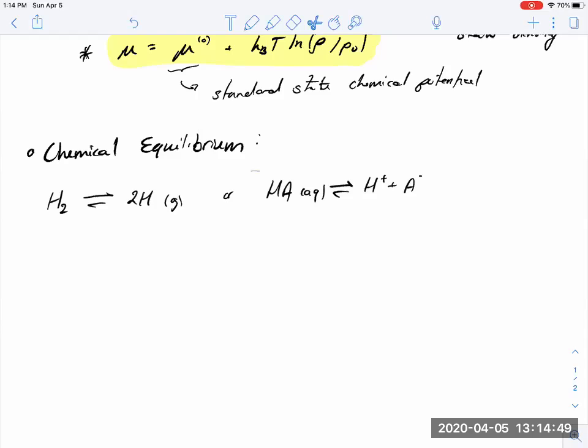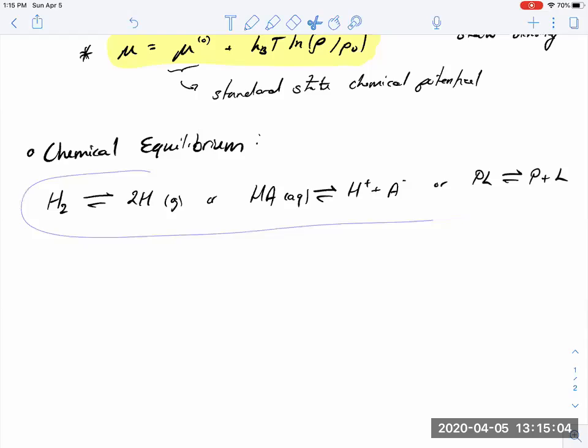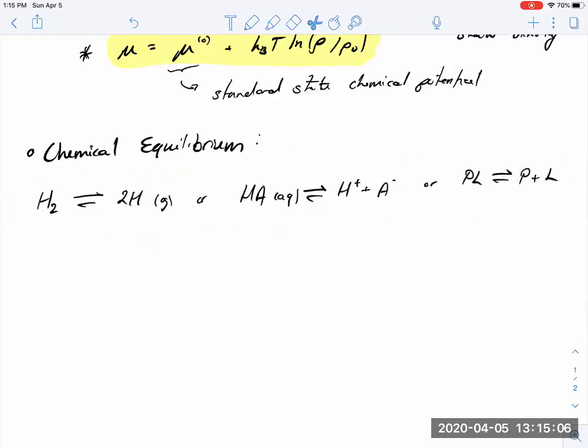Or even slightly more abstractly, though similarly importantly, how some protein ligand complex might associate or dissociate. Those are all examples of simple reactions whose equilibrium conditions we can understand by knowing the forms of these ideal or dilute solution chemical potentials.